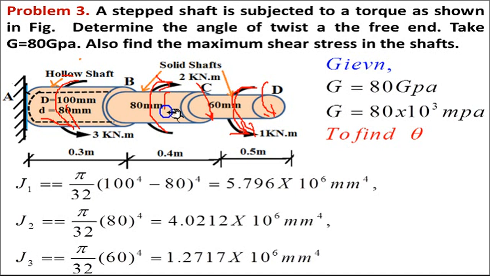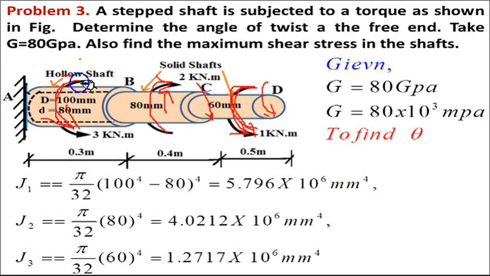Meaning on the middle section only 1 kilonewton meter torque will act, because we are starting from this point and they are connected, so this 1 kilonewton should be deducted from this 2, because this is anti-clockwise and this is clockwise.